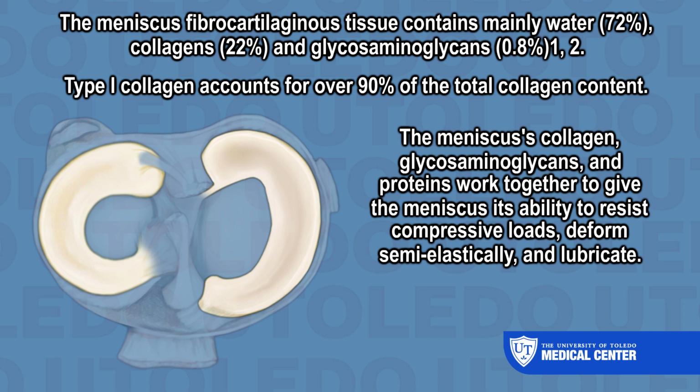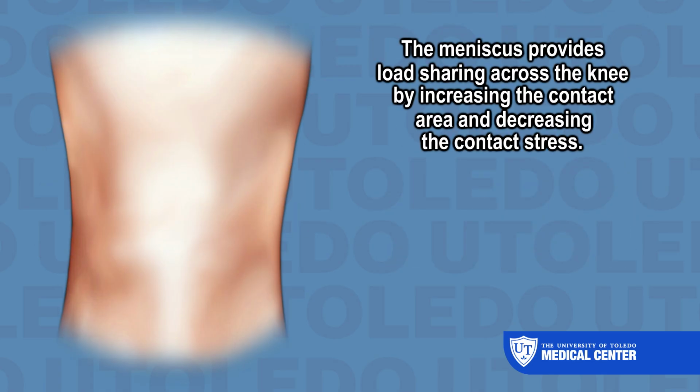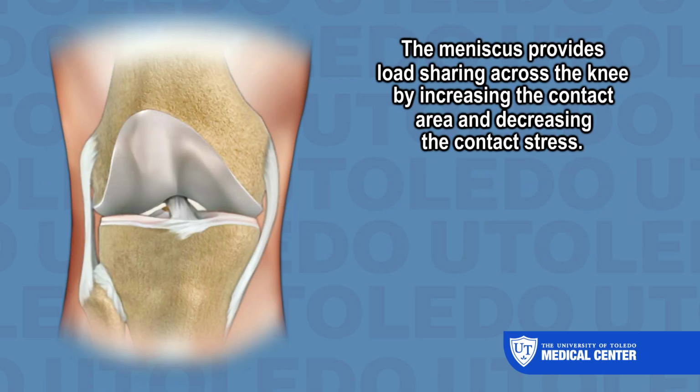The meniscus's collagen, glycosaminoglycans, and proteins work together to give the meniscus its ability to resist compressive loads, deform semi-elastically, and lubricate. The meniscus provides load sharing across the knee by increasing the contact area and decreasing the contact stress.